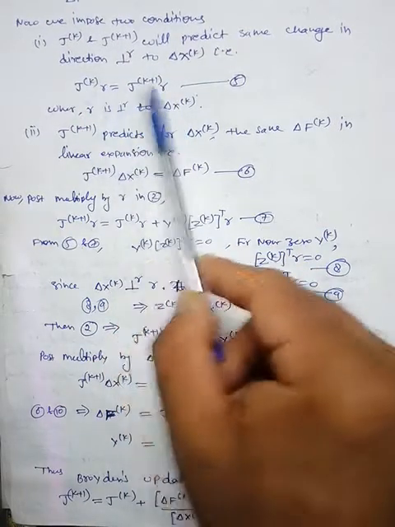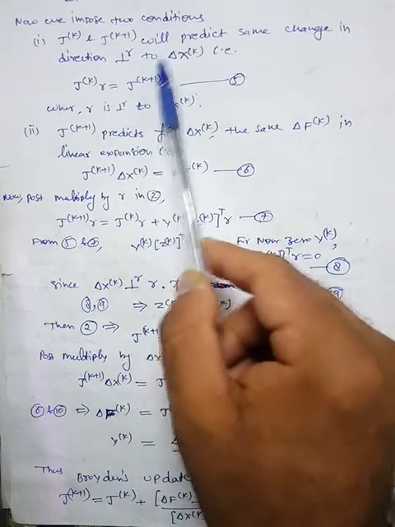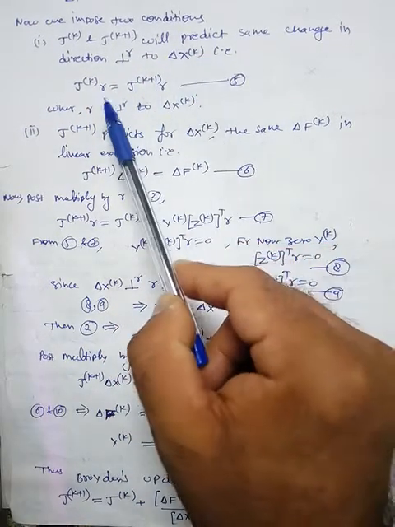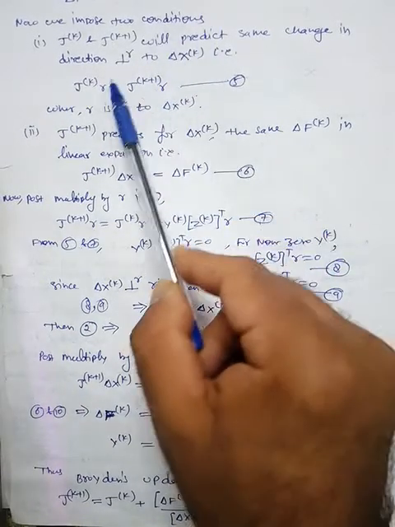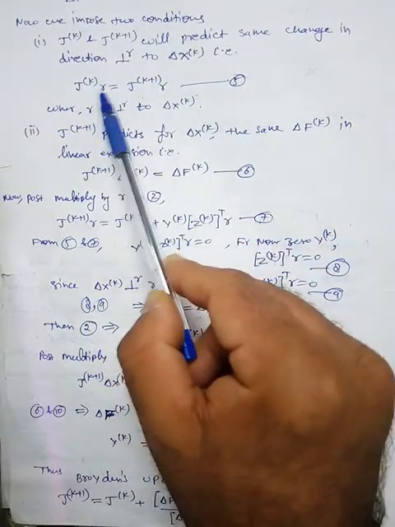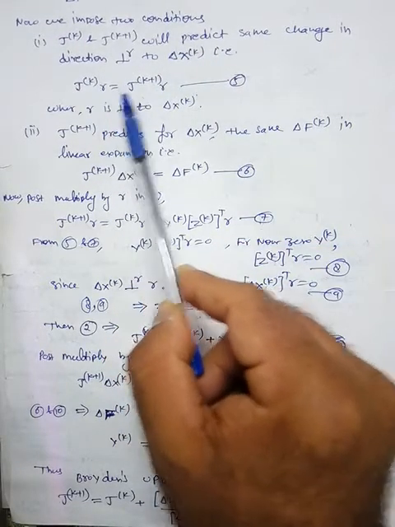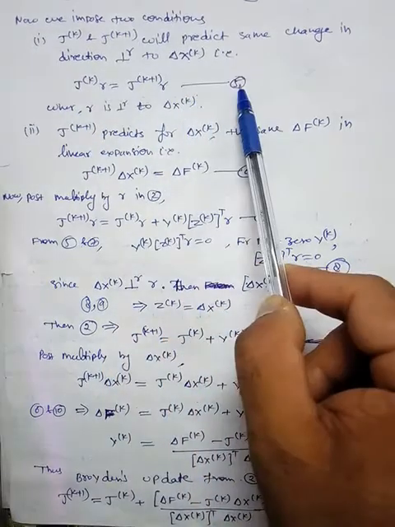They will provide the same change in the direction perpendicular to delta xk. So this r is the direction vector perpendicular to delta xk, and these two products are equal. This is equation number 5.